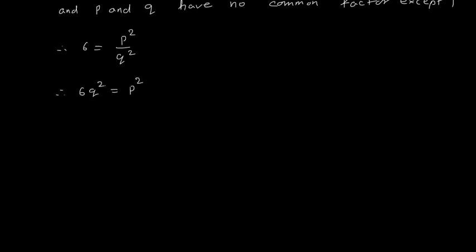Now 6 divides 6q square, but I want a prime number, so I will say that 2 divides 6q square. Therefore 2 divides p square. 2 is a prime number.